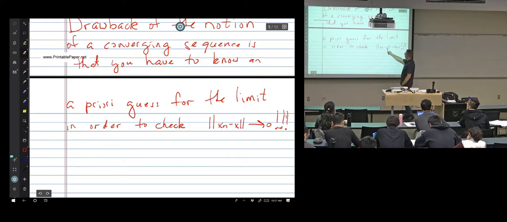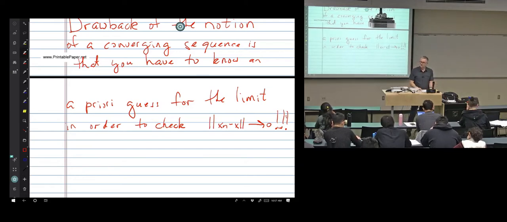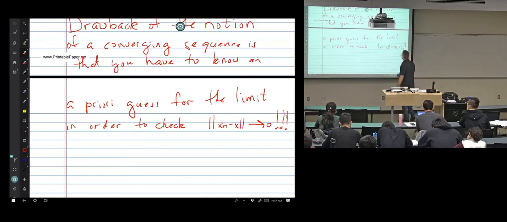If I don't have x, I can't compare it to the elements and see that they're actually getting close to that value. So if I'm just creating an algorithm and I want to show that the algorithm, when I iterate, produces in the limit the answer to my problem, I'm stuck. I don't have the x in hand to check.